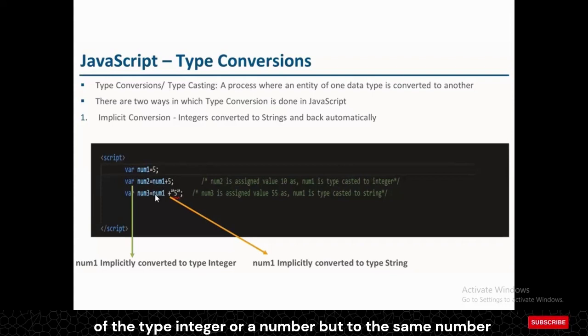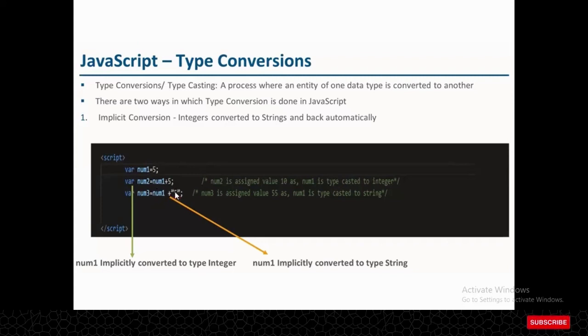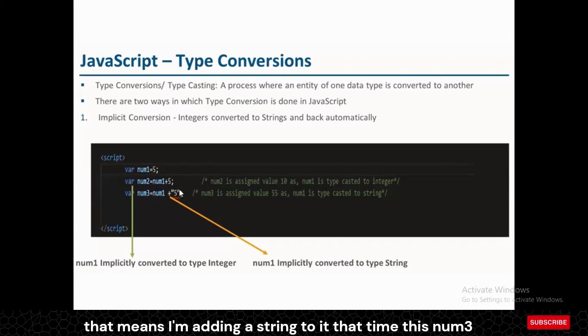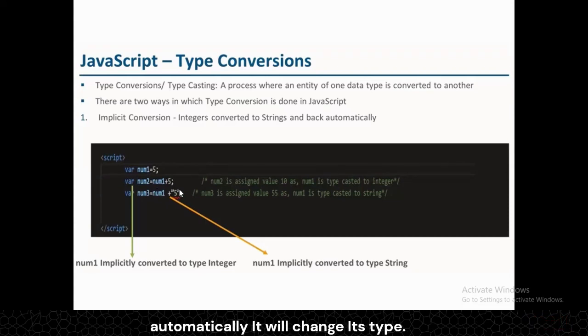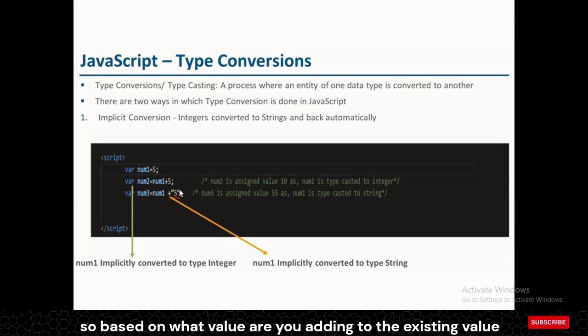But if I add 5 as a quoted value, that means I am adding a string to it. That time, this num3 will become a string type. Automatically, it will change its type. So based on what value you are adding to the existing value, the type will automatically change by default.